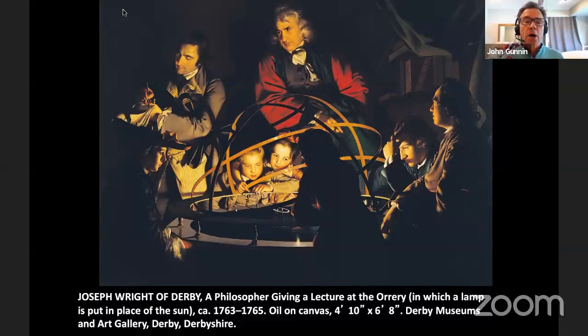This is Joseph Wright of Derby. They say of Derby because there was another Joseph Wright, a painter who wasn't as important or long lasting as this one. Derby is the town he lived in, in England. The subject is a philosopher giving a lecture at the orrery, which we'll see in just a moment.